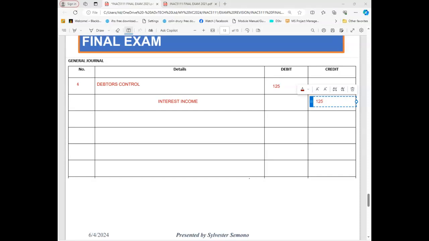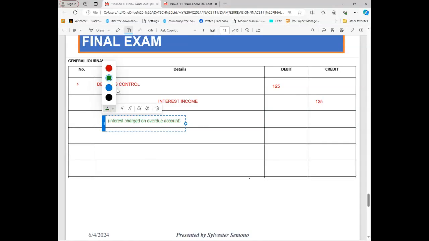The narration, you can just say interest charged on overdue account. You see, you can just put the narration like this. It's okay. We call this narration. So you must always show narrations unless they say you must ignore that.